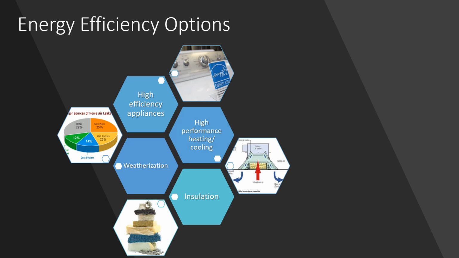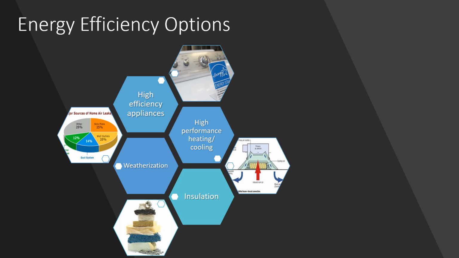The energy is usually generated in a central location and can come from a variety of sources, including renewable energy, waste, and cogeneration, which simultaneously generates electricity and useful heat from a single energy source, like natural gas or biofuels.